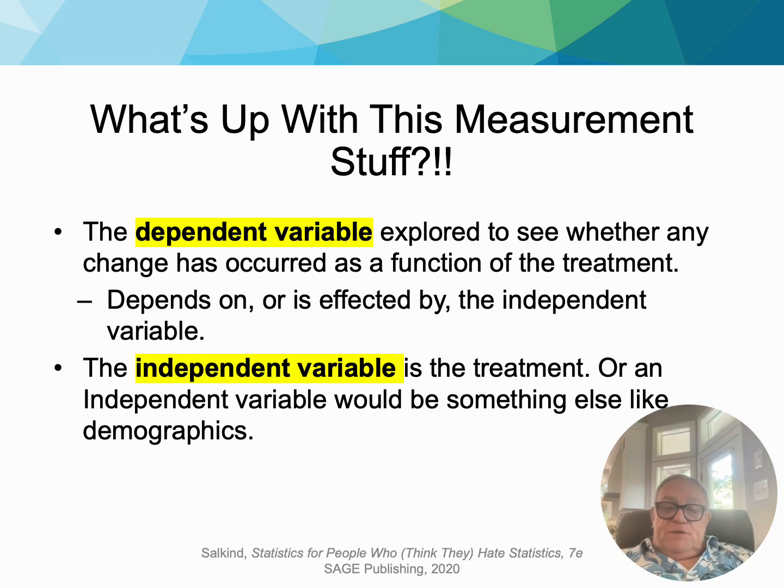So again, that question, what is this measurement stuff? We're going to be looking at the dependent variable, and I have a graphic in a minute, but the dependent variable is sometimes called your outcome. It's what you're trying to see, and we're not probably talking about some kind of an experiment here, but we're trying to determine whether any change has occurred as a function of the treatment.